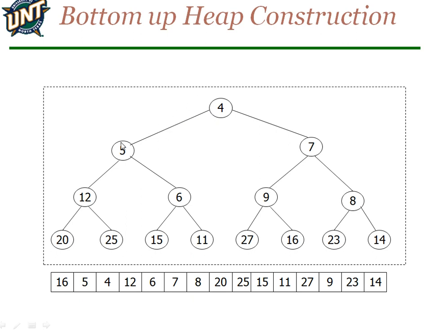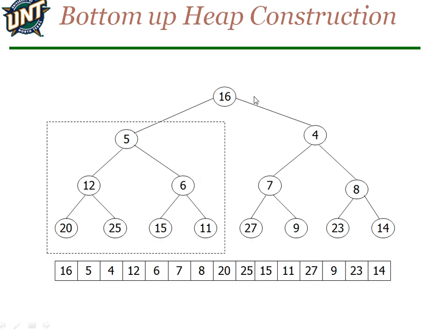We'll check the left subchild, right, and then the right subchild. Okay, this is satisfying, but then this and this are unbalanced, right? So we'll have to swap the values.